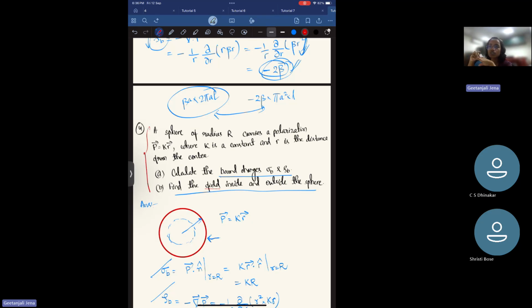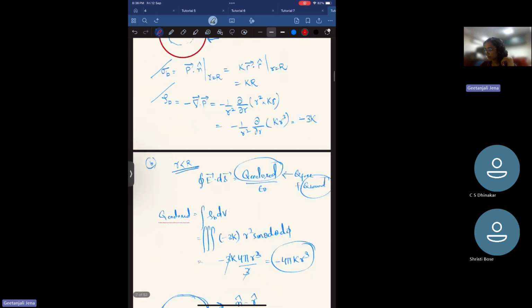In that case, the question will explicitly say that some amount of free charge is loaded on the surface. And if it is not given in the question, then don't take the free charge contribution, only take the bound charge contribution, for the dielectric case. But if it is given that it's a metal, then you can easily guess there will be a free charge, which is the charge on the metal surface. So, is it clear now, Srishti?